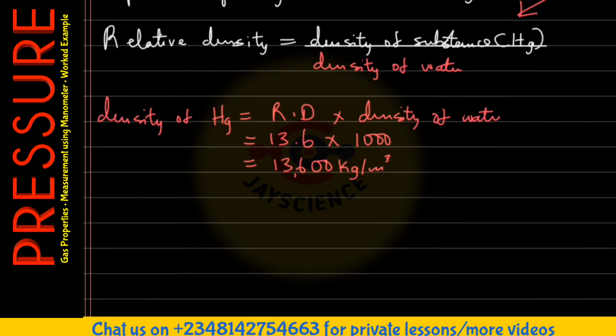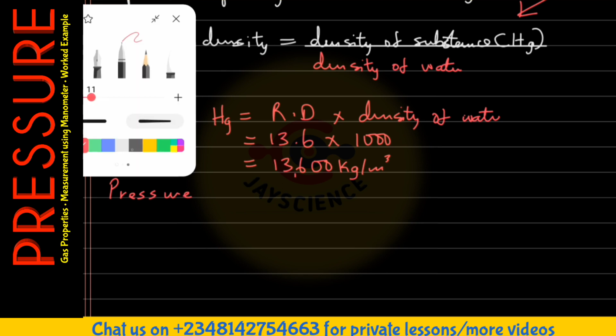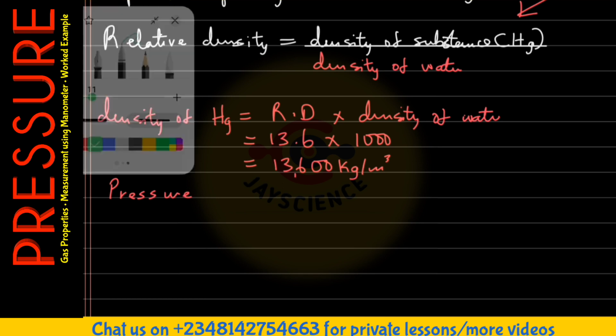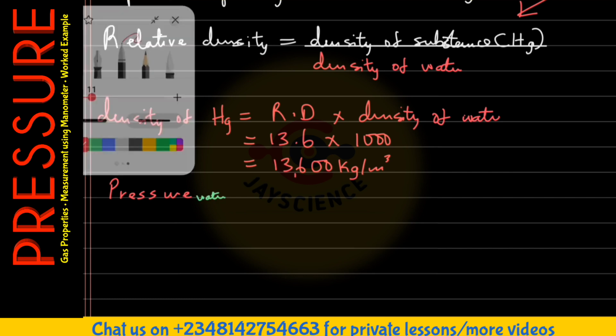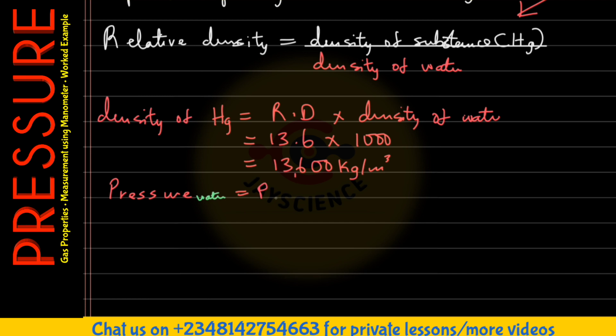We can say that the pressure of water is equal to the pressure of mercury.